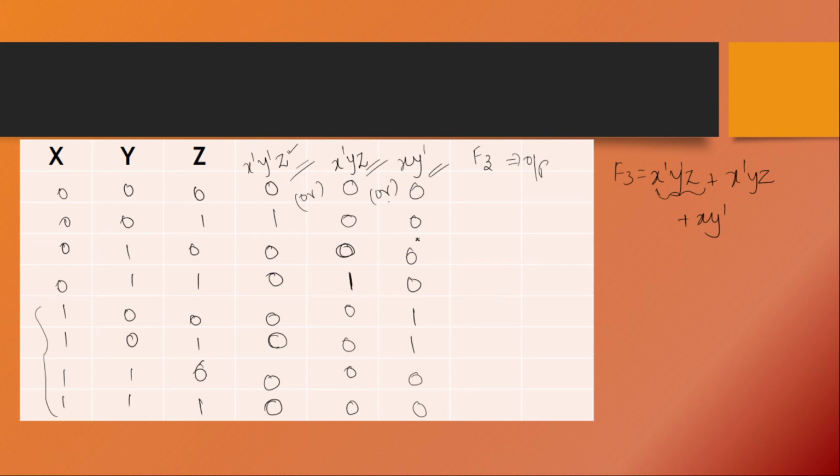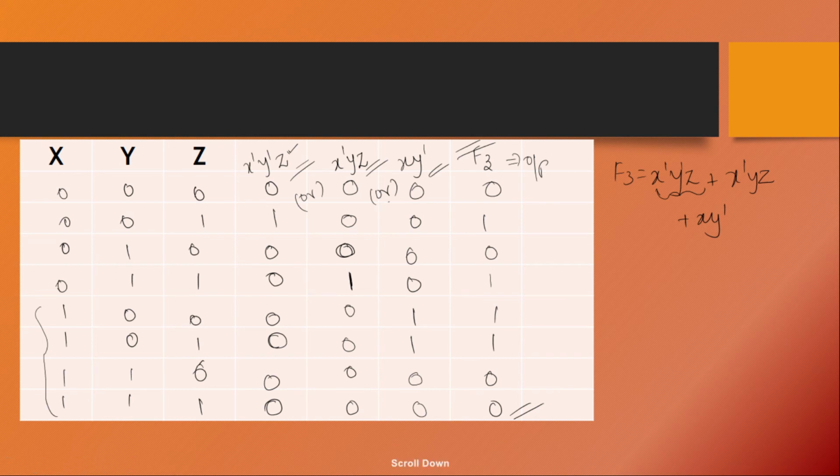Unless I have 1 here, I can put it as 0. So 0 or 0 or 0 gives me 0. Here I have a 1, that gives 1. Here it is 0. Here it is 1, 1, 1, and finally 0 and 0. So this column gives us the final output function.